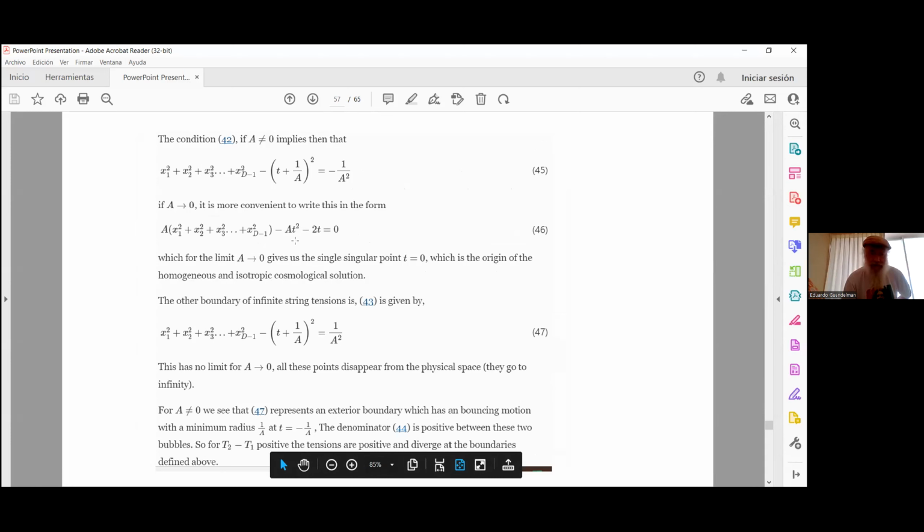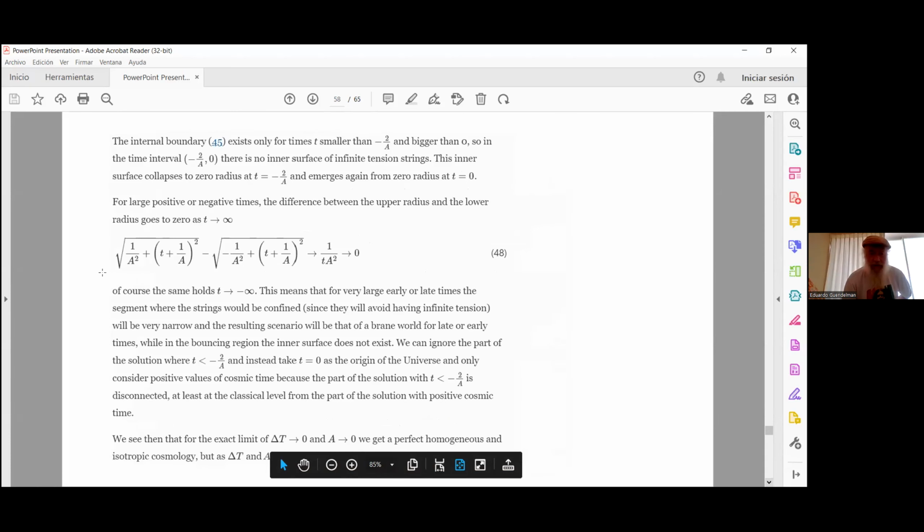This one surface is like that, the other surface like that, and the distance between the two surfaces is like this and goes to 0, so you get the brane world. So this gives you the lifetime of the homogeneous and isotropic universe, where the homogeneous and isotropic universe starts and then becomes a brane world scenario.